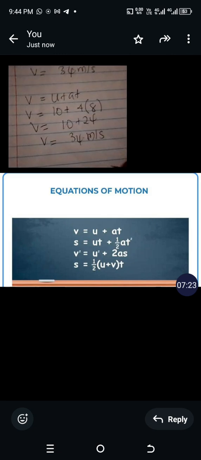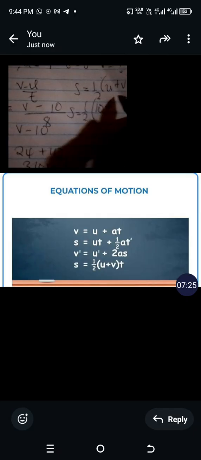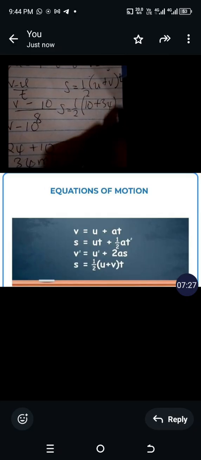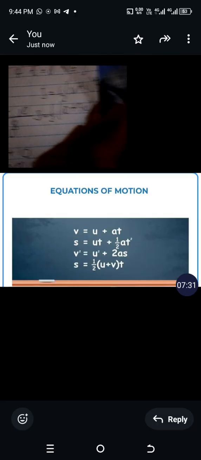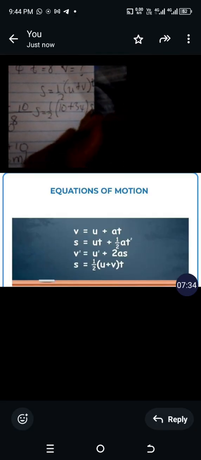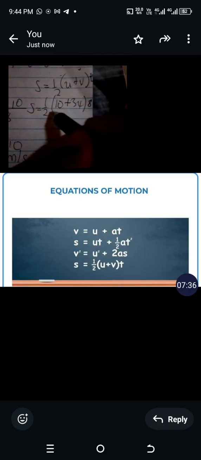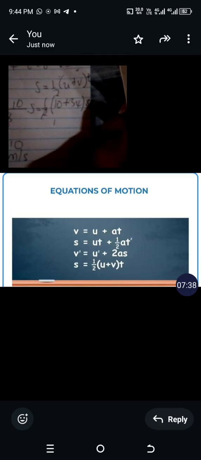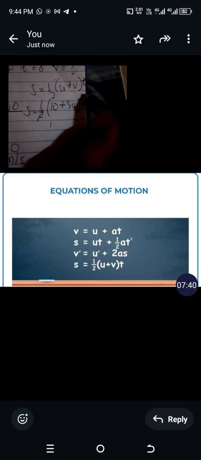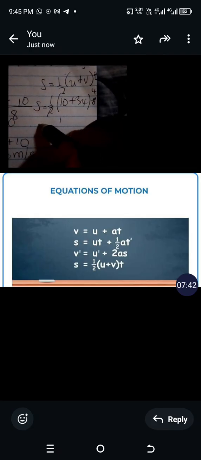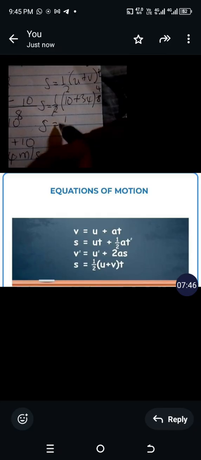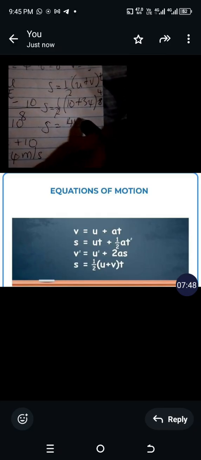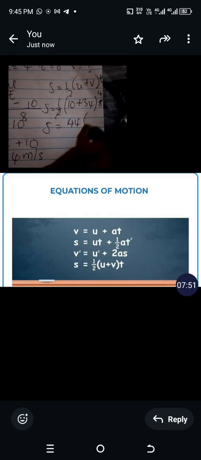Our final is the one we found, which is 34. Then our time, we are told, is 8. So 2 can cancel there, 2 into 8 we have 4. So s is equal to 44 times 4.